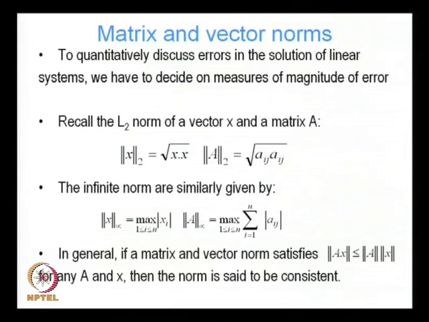And the infinity norm of A is given by the maximum over i from 1 to n of the sum over j = 1 to n of the absolute value of Aij.